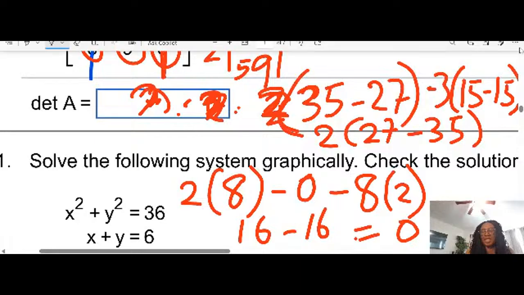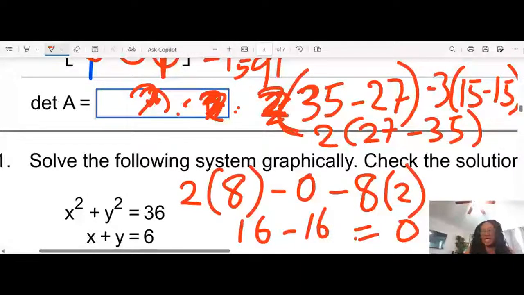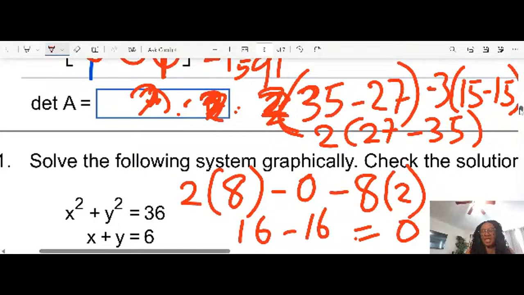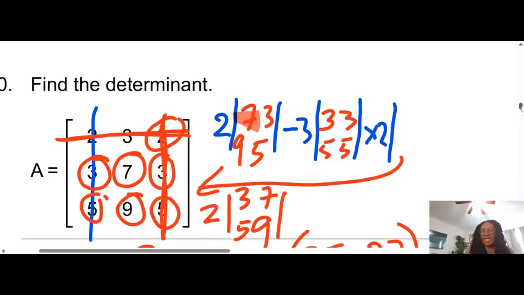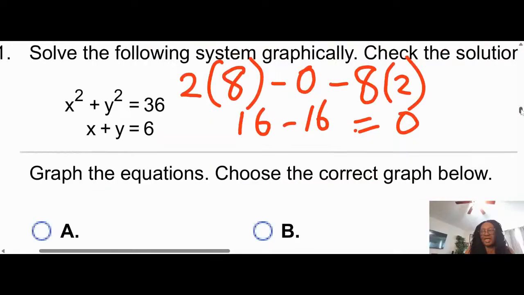If you are solving an equation and the determinant is 0, then you really don't have to keep solving that equation. Actually, we will put it in a calculator and see.